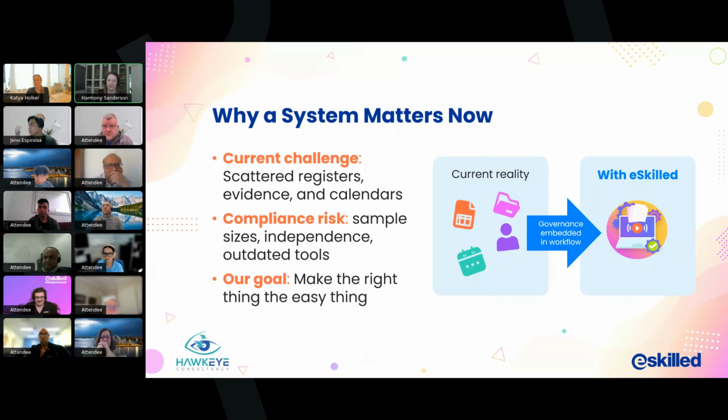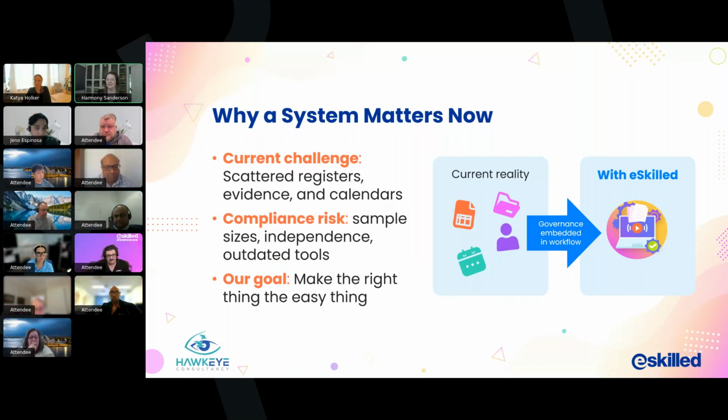So spreadsheets for registers, shared drives for evidence, calendars for sessions, and separate records for validator credentials. That fragmentation is where compliance risks creep in. So wrong sample sizes, missing independence, outdated tools, or a register that doesn't show risk-based rationale. So our goal with eSkilled is to make the right thing the easy thing, with validation governance embedded into the system and the workflow.